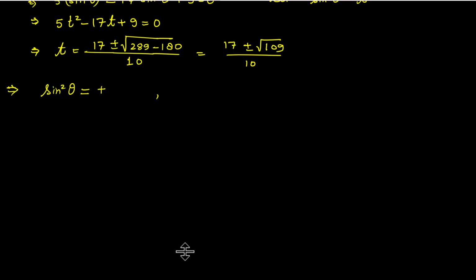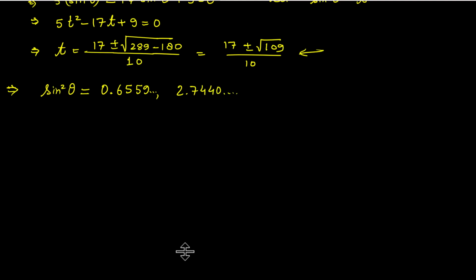So sine squared theta, I'm going to use the calculator to get this value, once with the positive sign. I think both of them are going to be positive, so I'll calculate both values from the calculator, and it is 0.6559 and so on, and the other value is 2.7440 and so on.